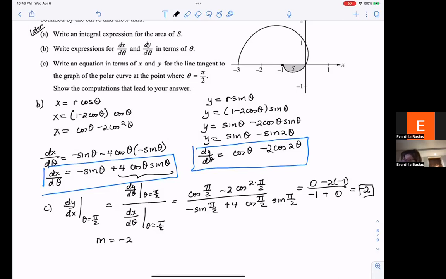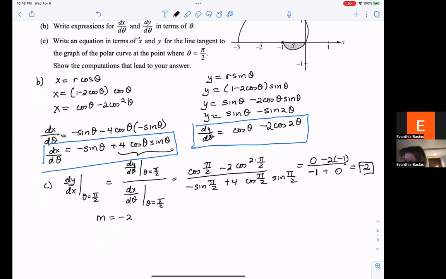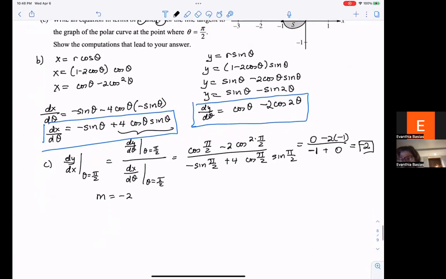But to get the equation of the tangent line in terms of x and y, we need to get the x and y coordinates on the rectangular coordinate plane. And the only way to do that, as we did before, is to substitute pi over 2 into the equation.